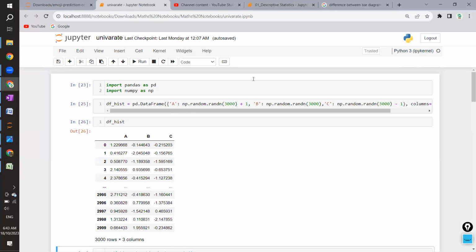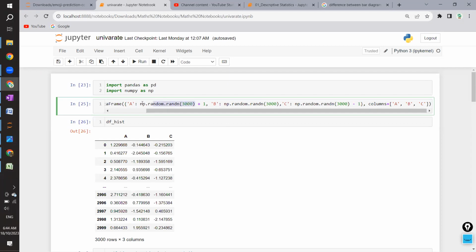Here, if you see, I'm randomly taking some values for column A, column B, and column C. The randn function, if you remember, is inside the random module.